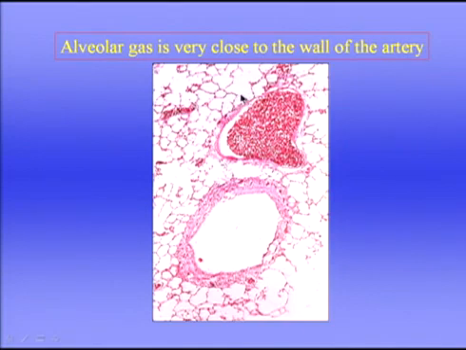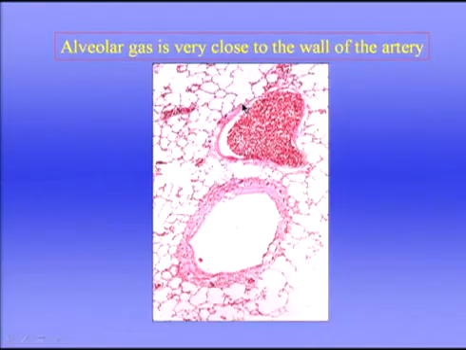So it's not difficult for the wall to be exposed, by diffusion, to the low PO2 in the alveolar gas. And incidentally, we know it's the alveolar gas that's most important for this phenomenon, because if we reduce the PO2 in the blood, then the vasoconstriction is much less. It's the gas PO2 that is the most important thing.